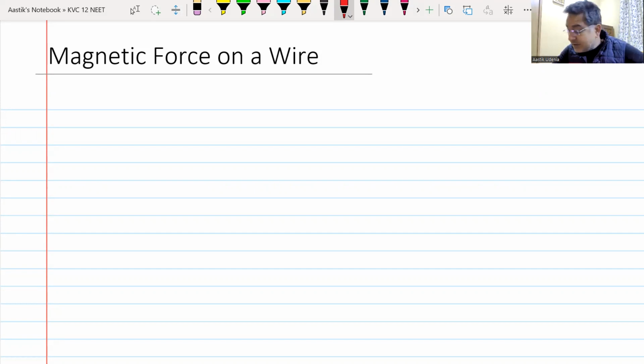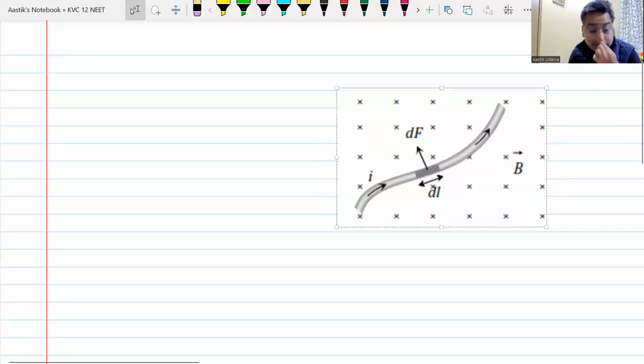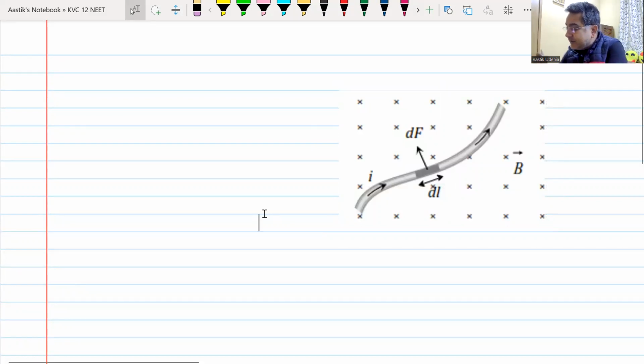Yes or no? Do we remember this current carrying element? Small segment of wire, current carrying element. This is a small current carrying element of length dl.